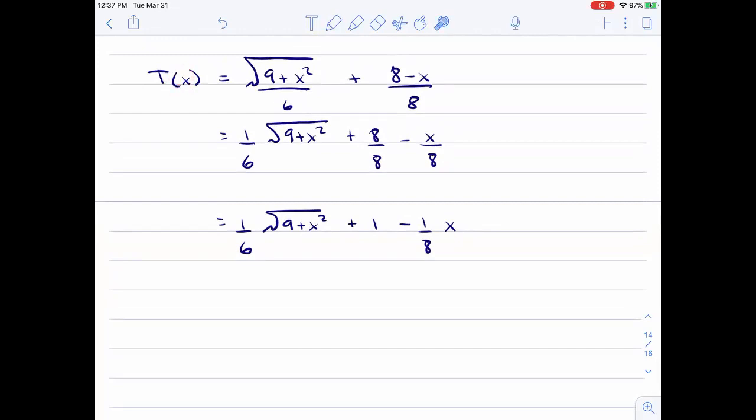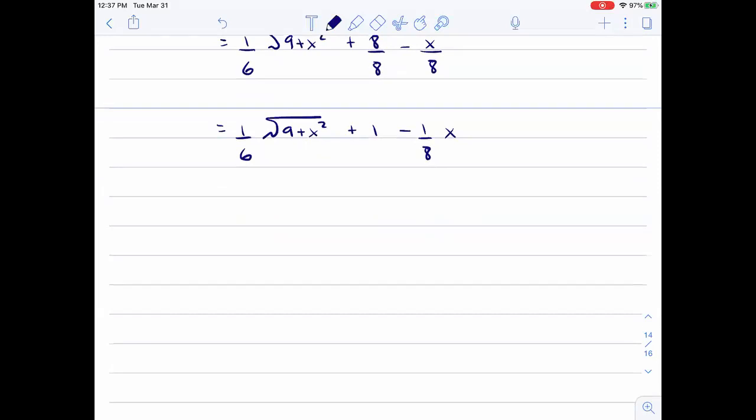And so again, I want to find the minimum value of this thing, which means I've got a couple of options, right? I can use the first derivative test, I can use the second derivative test, but probably best to use the first derivative if we can, or we can use the closed interval method.